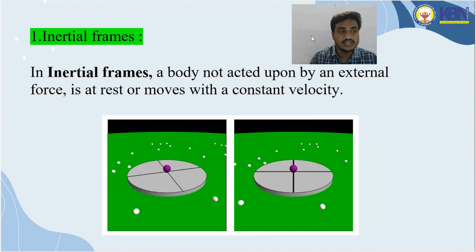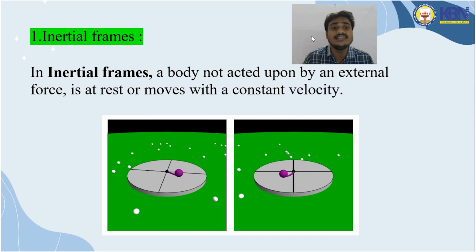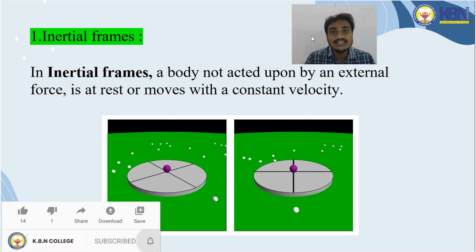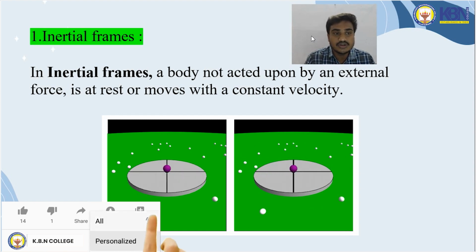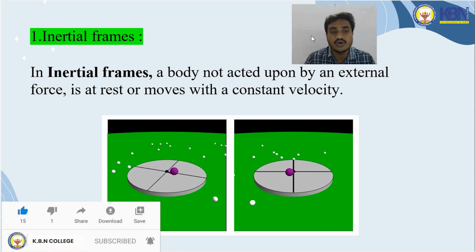Now coming to the inertial frames. In inertial frames, a body not acted upon by an external force is at rest or moves with a constant velocity. In simple words, a frame which obeys Newtonian mechanics, or Newton's laws, is called an inertial frame.